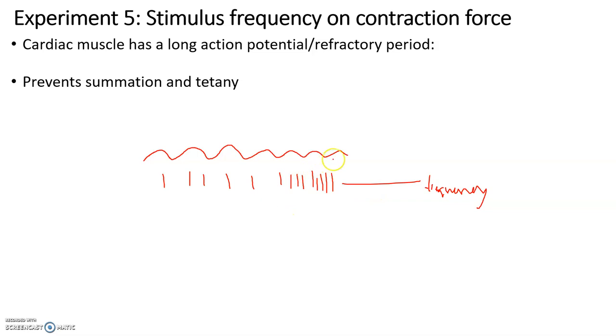And if we increase that, we should see the force continue to go down. And if we increase it too much, so if we have these very rapid stimulations, then we can actually trigger the heart to go into fibrillation, and we should see that on the ECG.